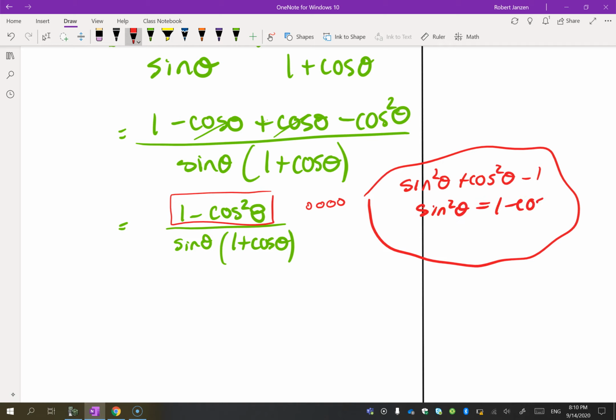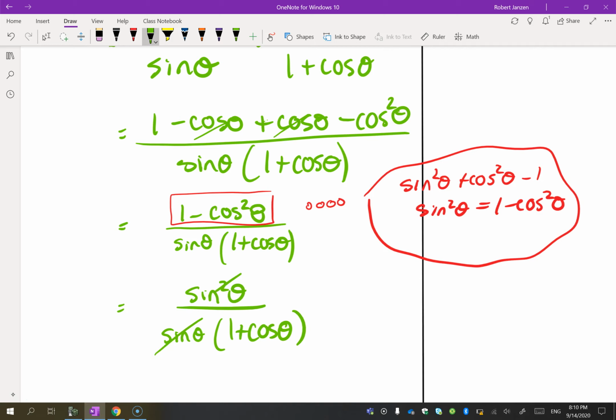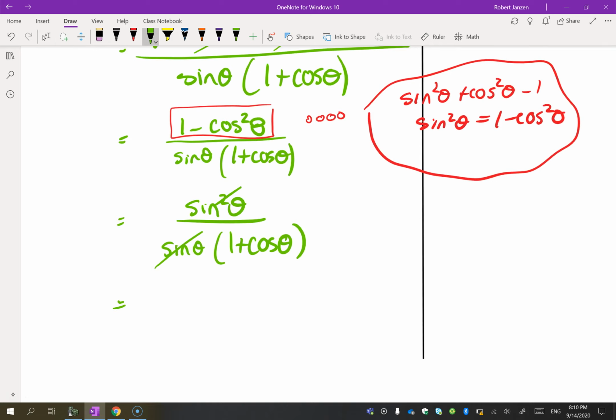It's 1 minus cos squared. So I can change that numerator to sine squared. Now you should see where we're going. I can cancel out a sine, and I'm left with sine over 1 plus cos. And so we're done.